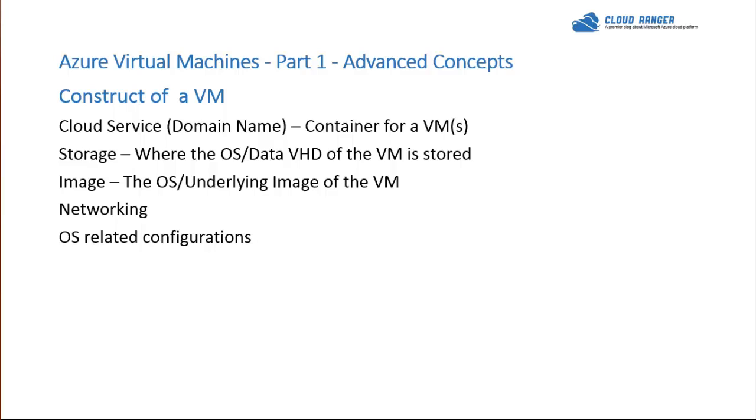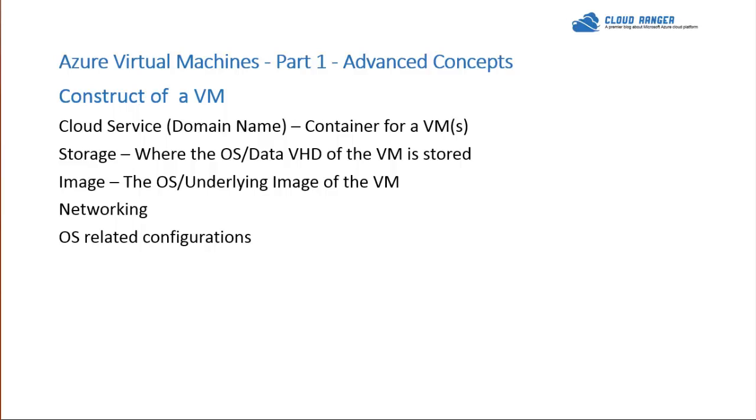The next thing is that, okay, now that you have the cloud service and storage, what are you going to do? You need to actually create a virtual machine. So we are going to talk about the image quite a bit over here, because if you followed previous sessions, you'll notice that we have always chosen a Windows Server 2012 R2 Datacenter image for deploying our virtual machine. Microsoft provides an extensive set of pre-built images for you.